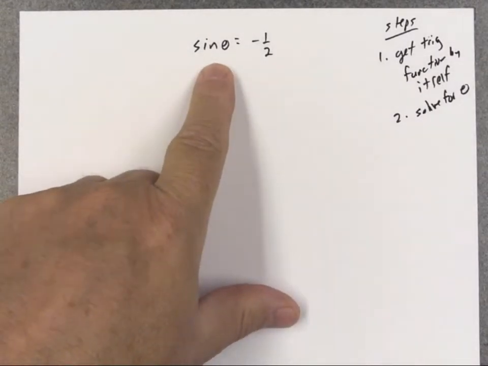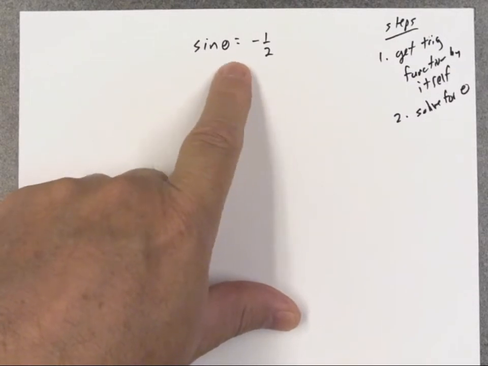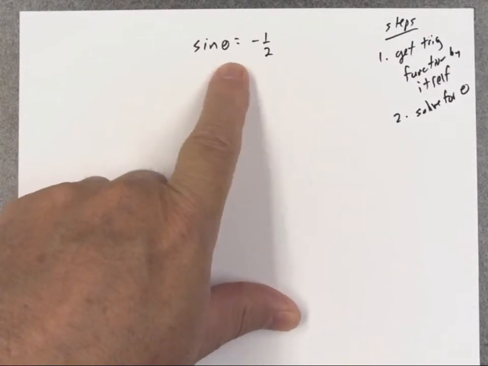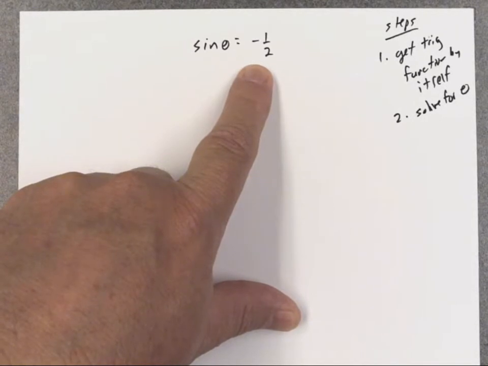So once I get the trig function by itself, now I can do what we've been doing so far in this lesson. I ask myself, okay, let's go find all the angles from 0 to 2 pi where the sine is -1/2.